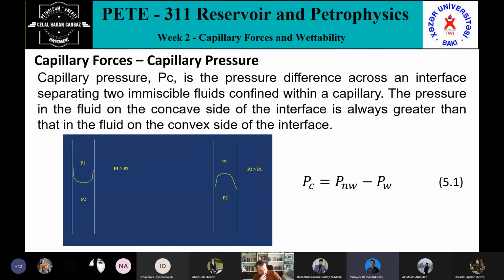My name is Rashad Musayev, and I think in the first picture, P2 is the wetting phase and P1 is non-wetting, and in the second picture, P2 is non-wetting. Okay. So you say P1 is non-wetting for the first, P2 is non-wetting for the second. Yes. Right, so actually this is the correct one. P1 is the non-wetting phase in the first one, and P2 is the wetting phase.